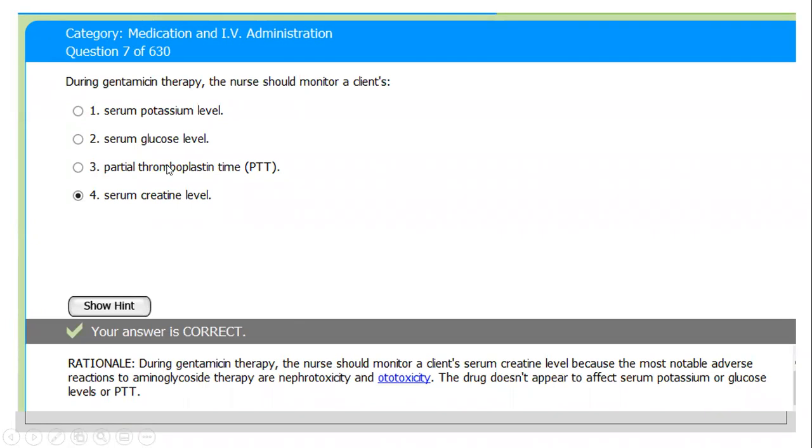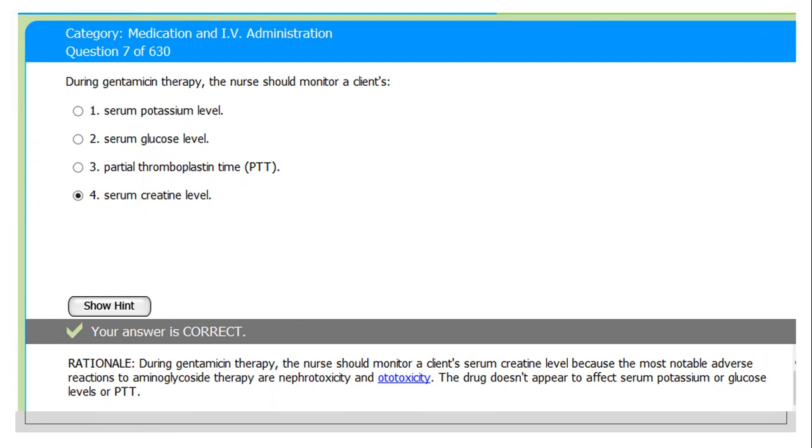If the examiner asks a question about warfarin or heparin, we must check the PTT, partial thromboplastin time. If the question is about steroids, glucocorticoid, or cortisol, we should think about the glucose level, because steroids increase the blood sugar level.